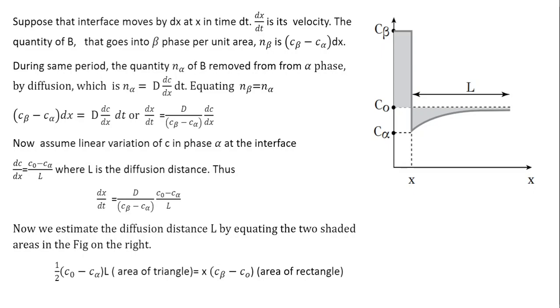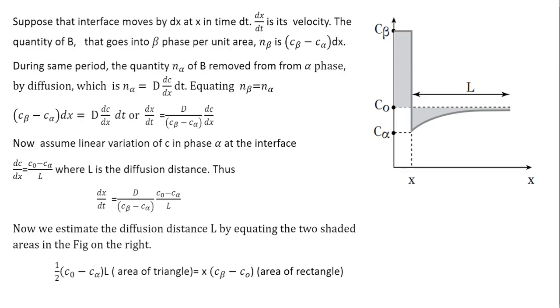Now equating n beta equal to n alpha, we have (C beta minus C alpha) dx is equal to D dC/dx multiplied by dt, or dx/dt is equal to D by (C beta minus C alpha) into dC/dx.